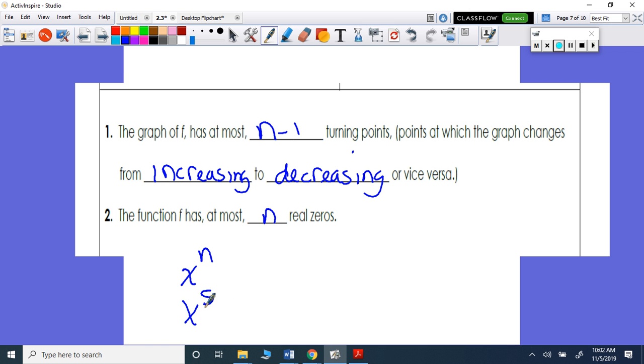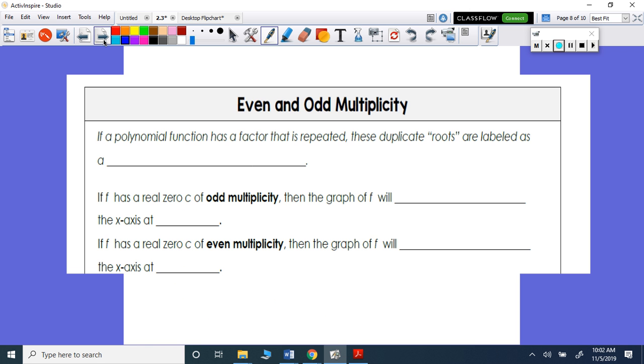So if I have a polynomial of x to the 5th, that means we're going to have 5 zeros or 5 solutions, and it's going to turn 4 times. Okay, so this is laying the foundation. The rest of the lessons will be nice algebra stuff.